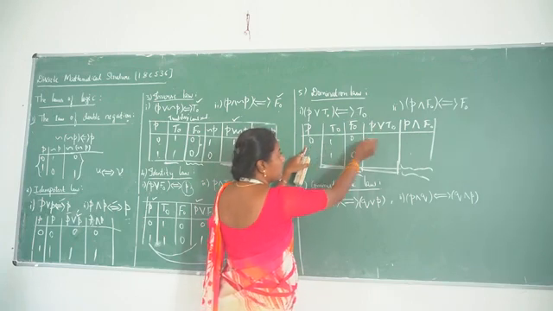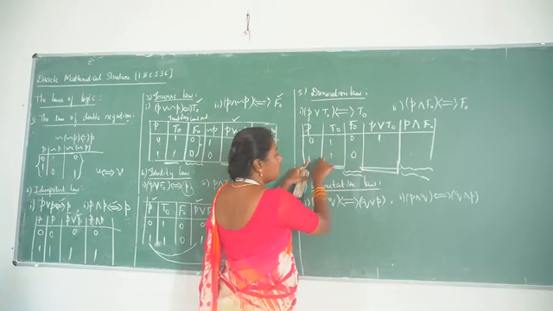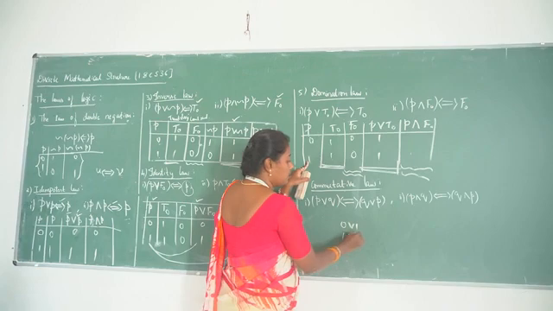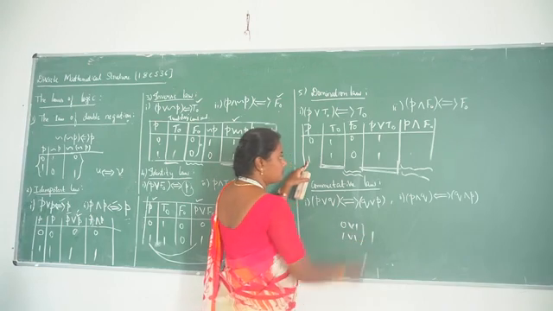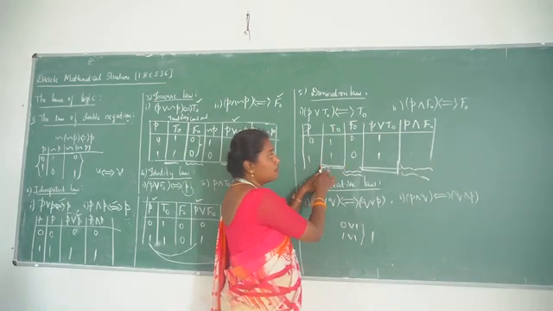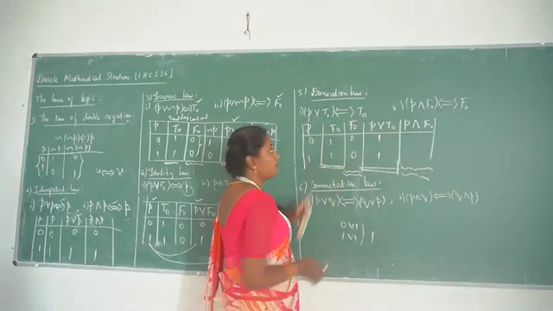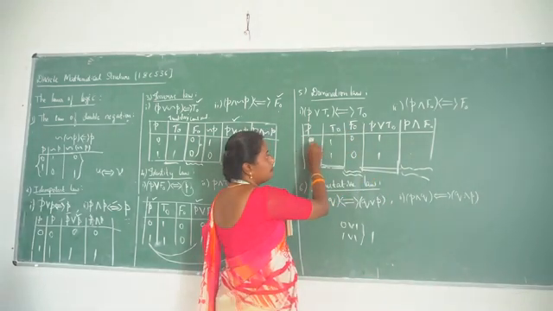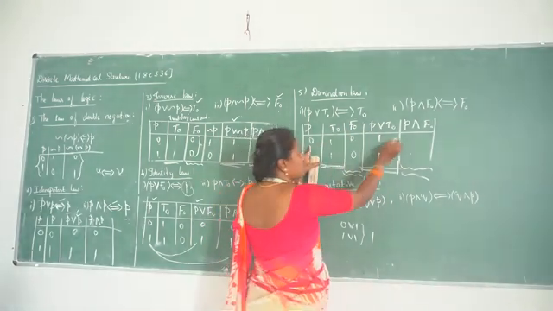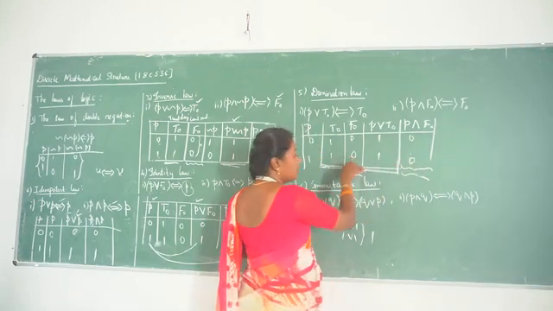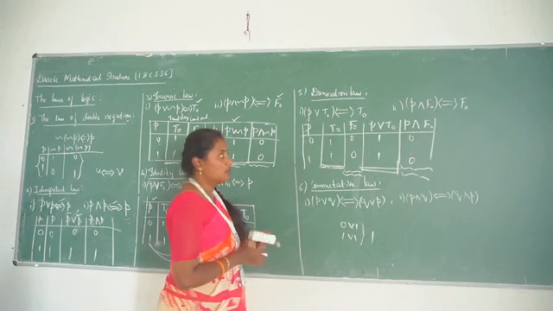0 or 1 is 1, 1 or 1 is 1, that is 0 or 1, 1 or 1 which results in 1. It's the same as the tautology value, that is T naught value, hence these two statements are the same. Next P and F naught. So P and F naught, 0 and 0 is 0, 1 and 0 is 0, which is the same as the contradiction statement values, that is 0, 0.